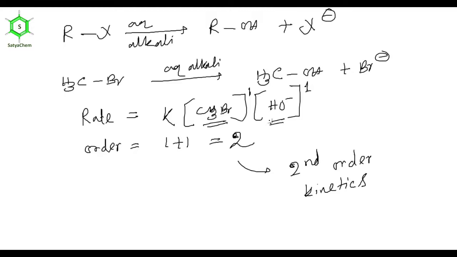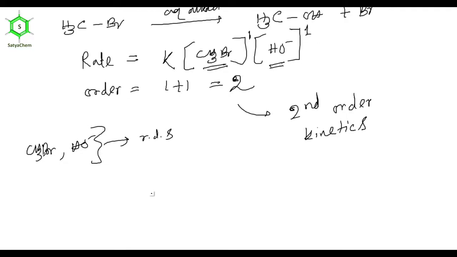So first try to learn single step reactions, then learn multi-step reactions. That is why this kind of reaction is very important in learning organic reaction mechanism. So both CH3Br and HO minus are involved in the rate determining step, that is RDS.